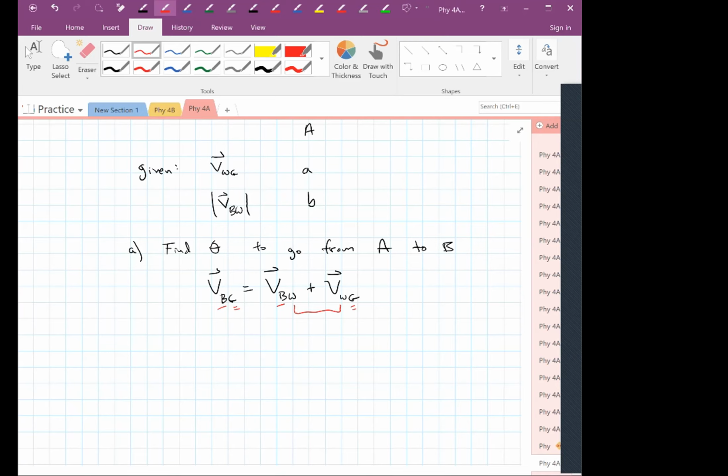You want to know the velocity of the bug with respect to the ground. And you've got the velocity of the bug with respect to the box that it's sitting on, plus the velocity of the box with respect to the truck, plus the velocity of the truck with respect to the ground. So the first subscript is the same, the last one is the same.